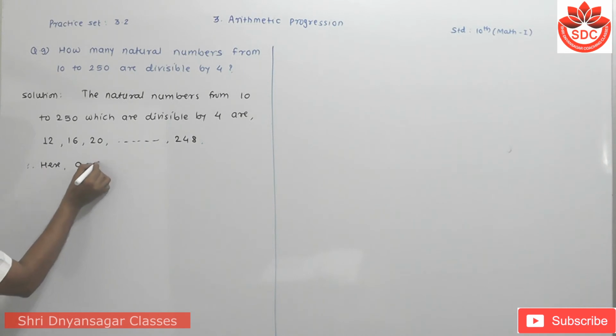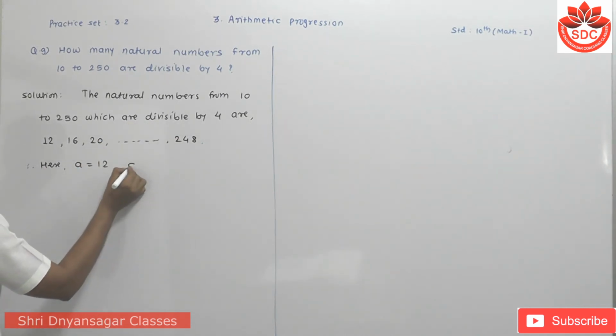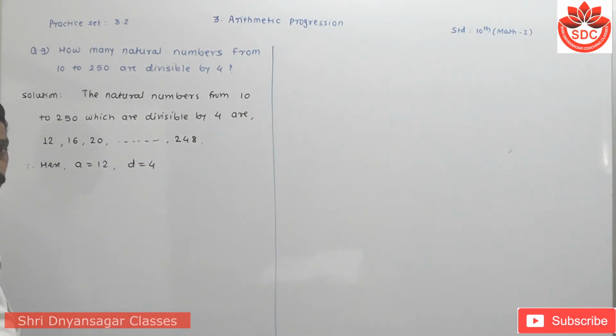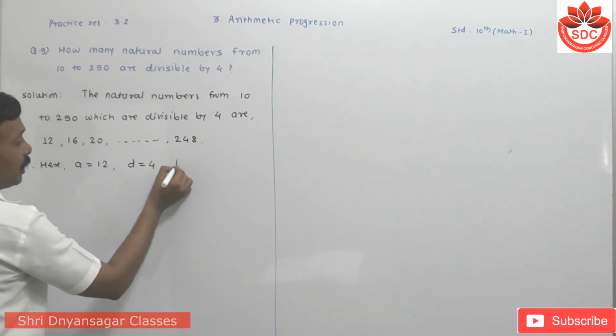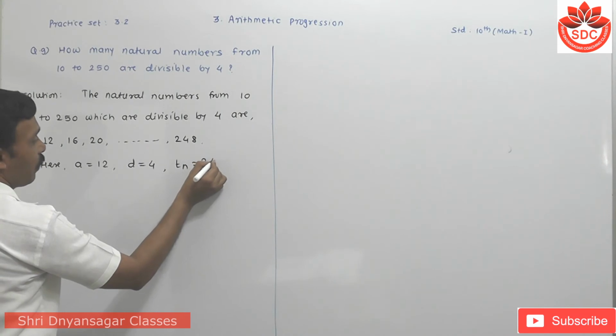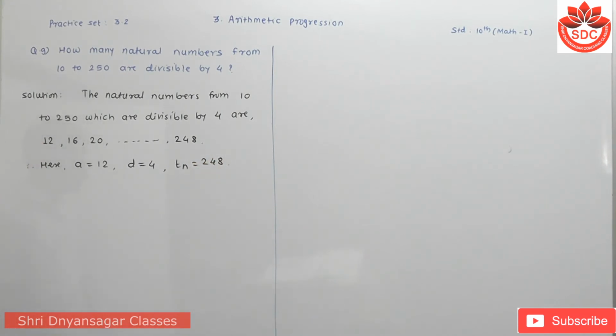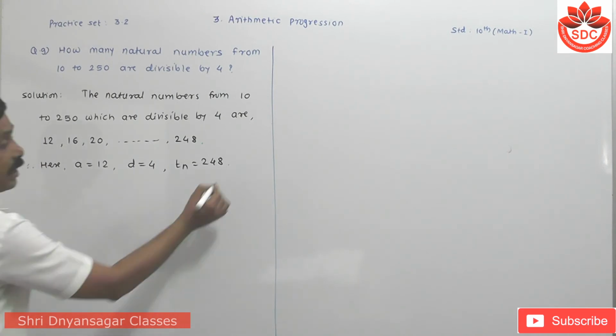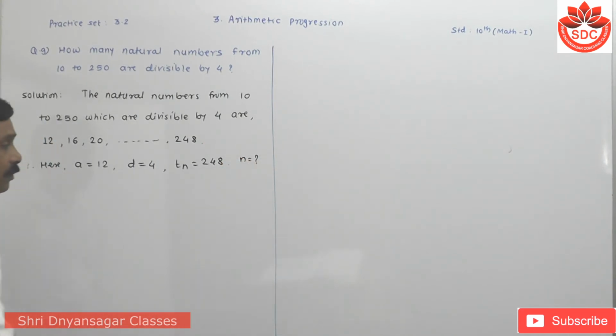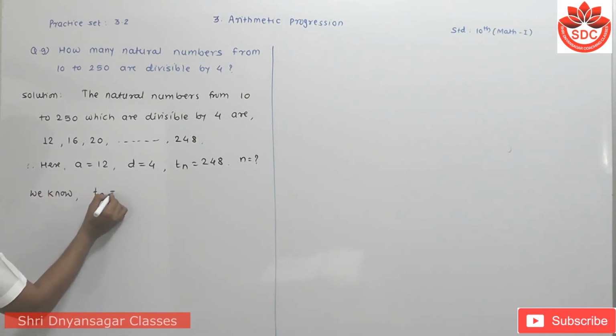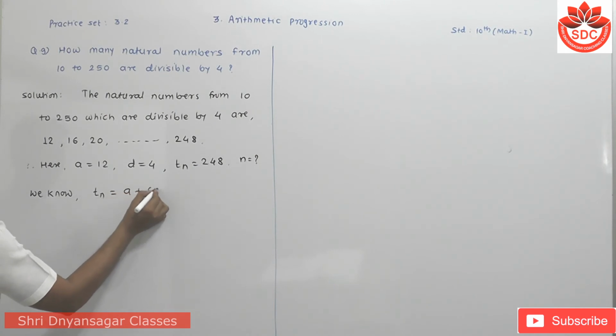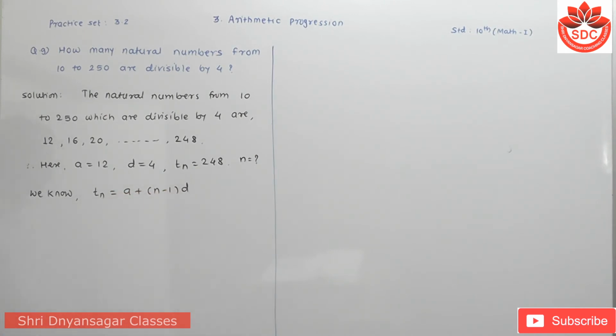Here the value of a is 12, the first term. The number divisible by 4 means that the common difference is 4. Here the last term, Tn, is 248. Then we find how many numbers, that is, n is equal to question mark. We know that the formula for an AP is Tn is equal to a plus n minus 1 into d.